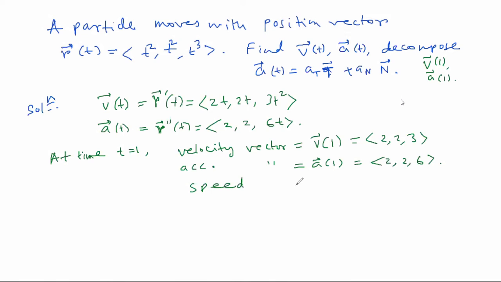Speed is the magnitude of v at 1, right? So square root of 4 plus 4 plus 9. So 17, square root of 17, right?